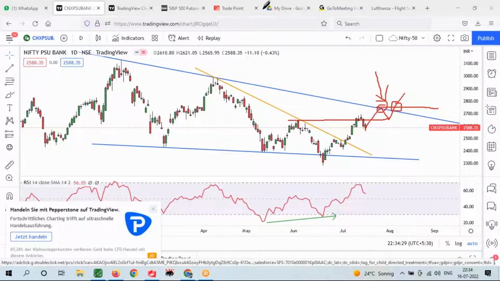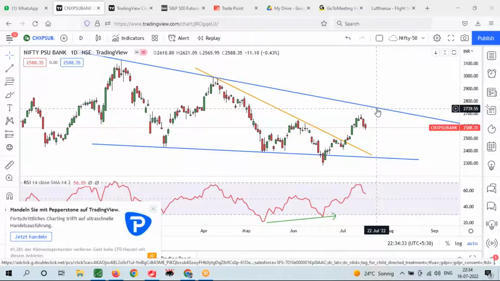But where is the resistance here? The resistance is at 2750. So from here it is like 170, 180 points. By then the stock will move really well. But still I will book profit on any rise to this trend line.